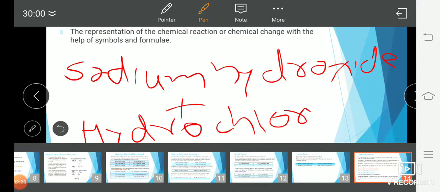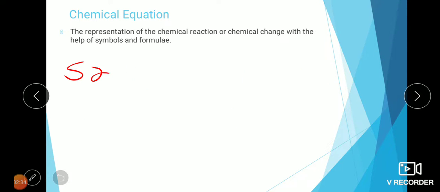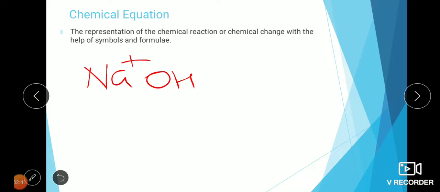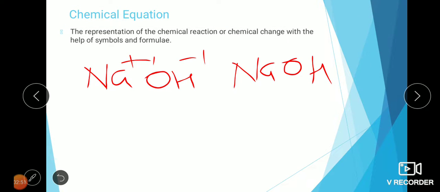Now when I use the symbol of sodium hydroxide, if you remember the cross method for compound formation, Na is plus 1 and hydroxide is OH minus 1. So my compound would be NaOH. Hydrochloric acid, again it is HCl.